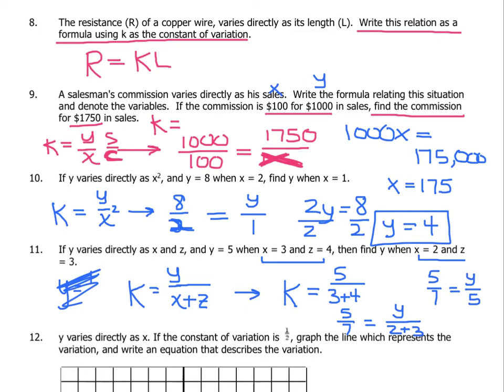We're going to crisscross applesauce, so that gives me 7y equals 25. So that gives me 3.57, so not a great decimal, 3.571. All right, that one is a little difficult for you guys to do on your own, but let's look at number 12.